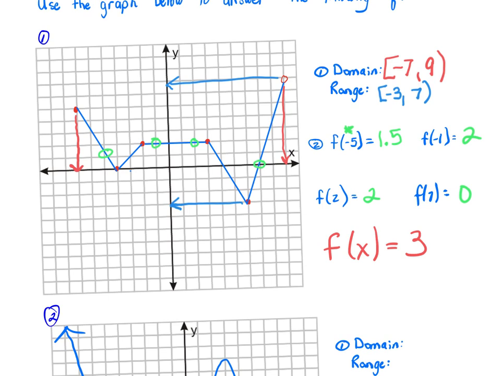So go to where y is 3. Okay, here's y is 3. What's the x value where y is 3? That's 6. What kind of 6? -6. It'd be -6. Okay, so you might see questions asked either way. F of x equals a number means what's the x value? F of a number means what's the y value?